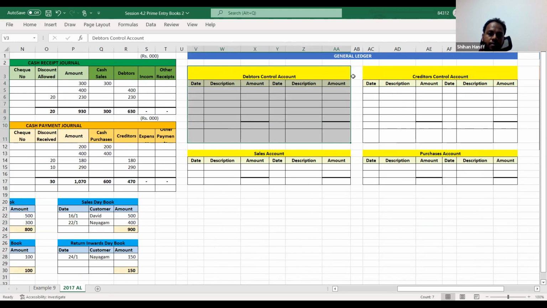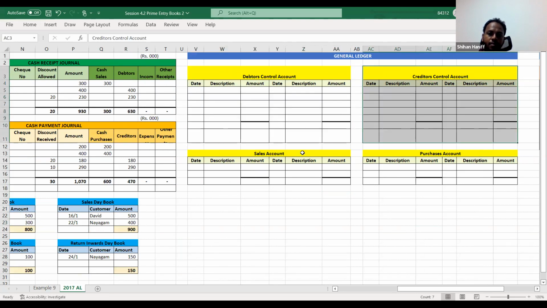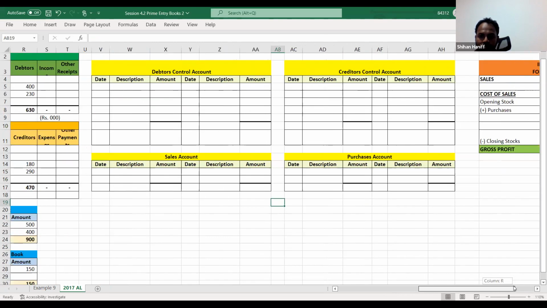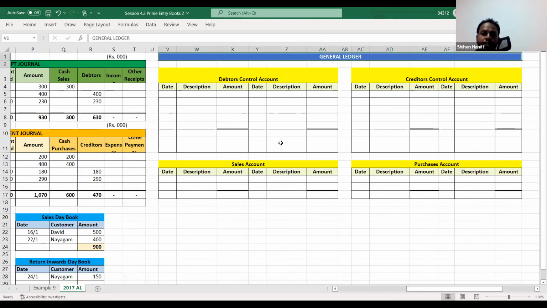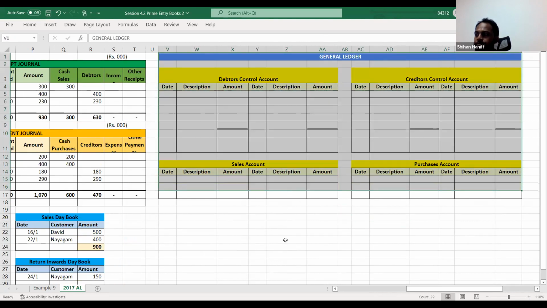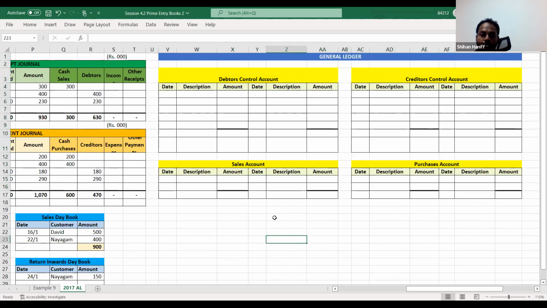Debtors, creditors, sales, purchases. They are asking for the 4 ledger accounts in the general ledger. You can draw a T account, it's all right. No need to mention date, description, amount. You can just draw a T account with the space. It's not an issue.